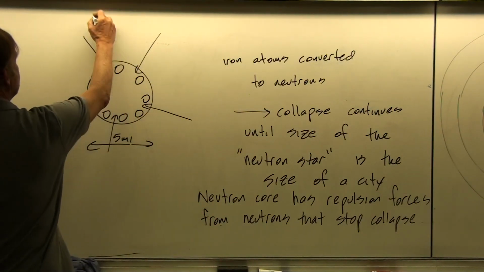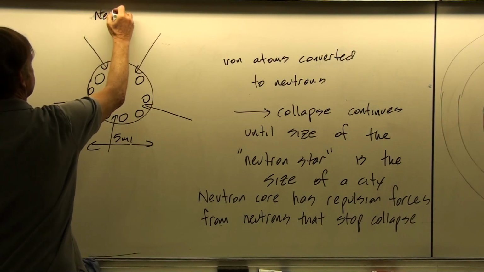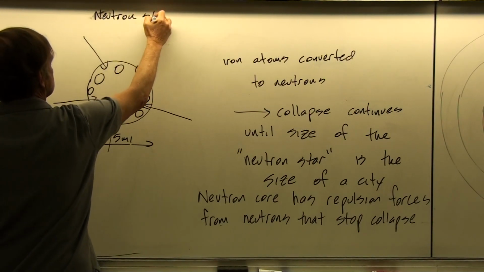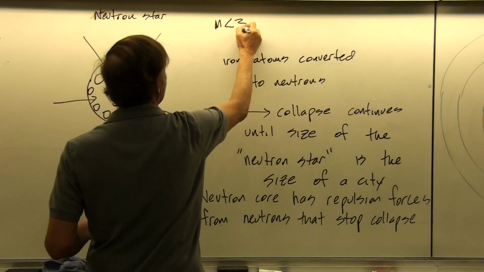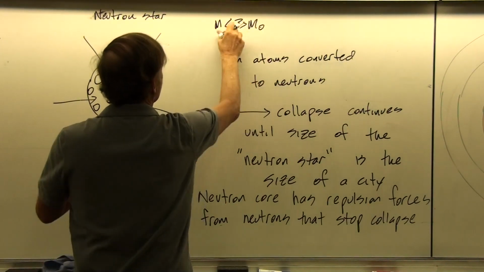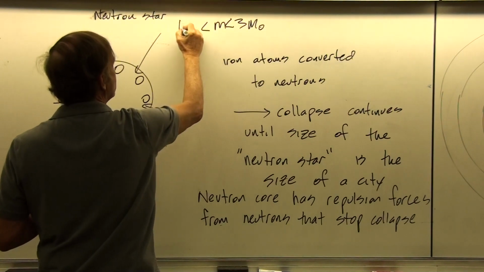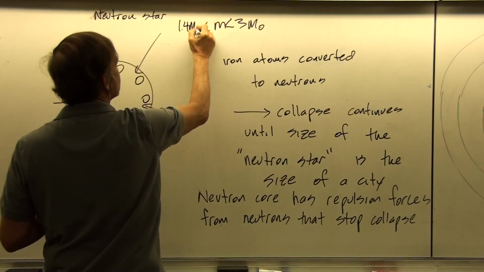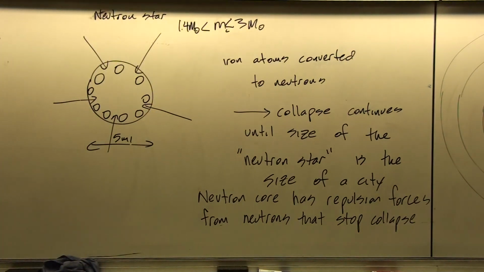So we have then a neutron star. So remember, this is when the mass was less than 3 times the mass of our sun for the carbon core, but greater than 1.4 times the mass of our sun. So when this happens, then a neutron star is formed.